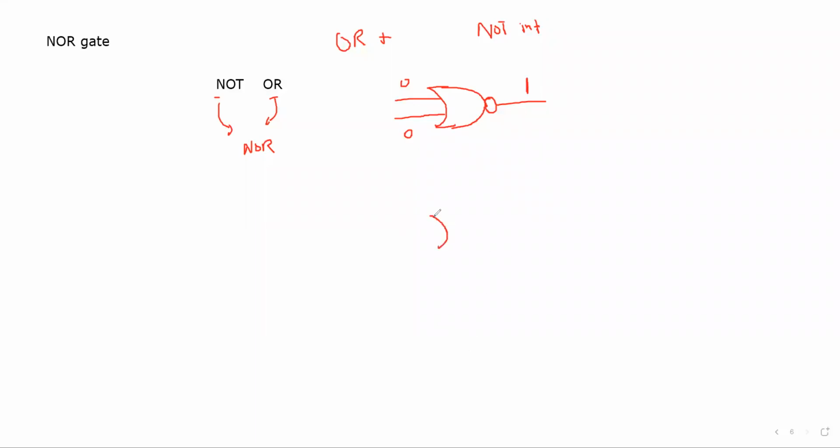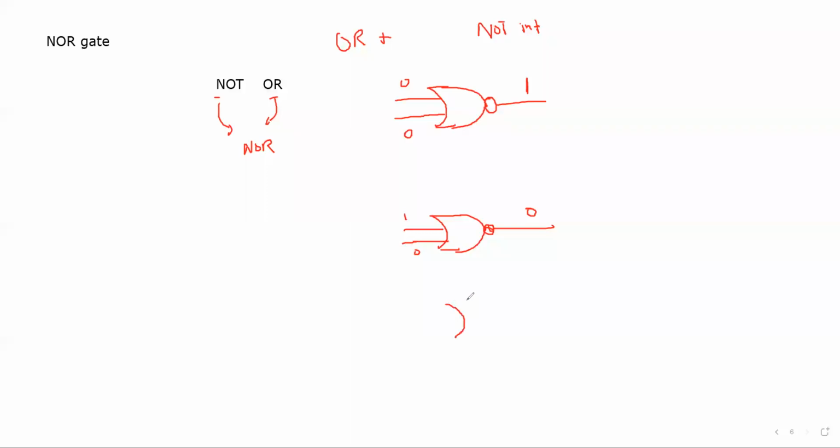Same thing, 1 and 0. What is the output of OR gate? For 1 and 0, the output of OR is 1. But when it passes through inverter, it will make it opposite, it will make it 0.